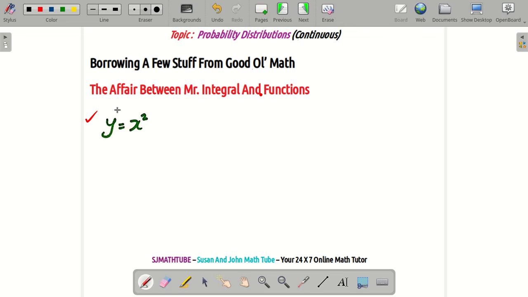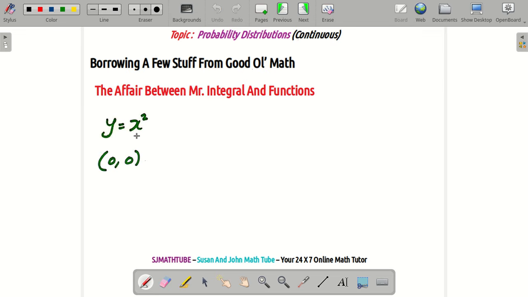Okay, to understand the affair between integrals and functions, let's analyze the function y is equal to x square. I'm sure the students from math background know very well this graph. The graph of this function will be a parabola. But let's analyze it.